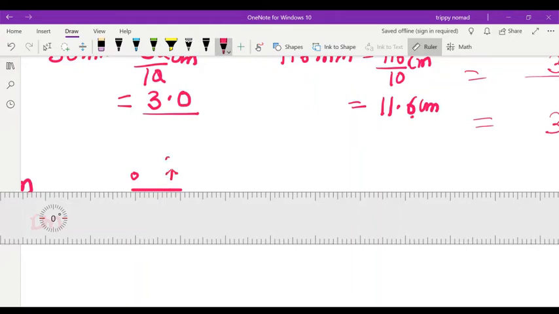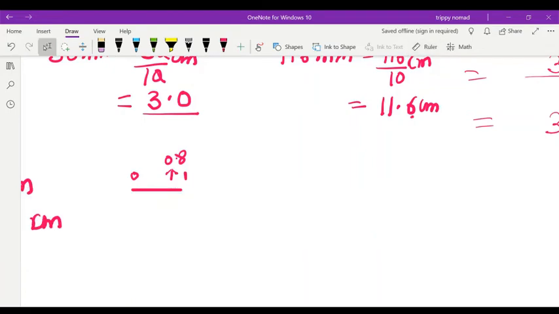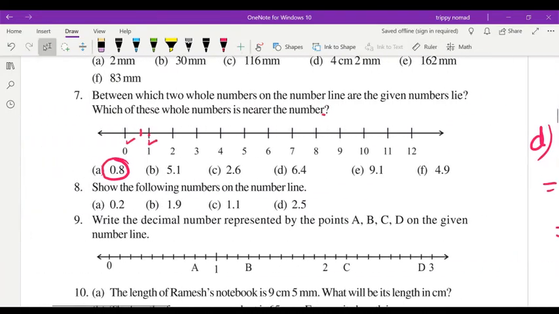Here you will get 0.8, and it is nearer to the 1.